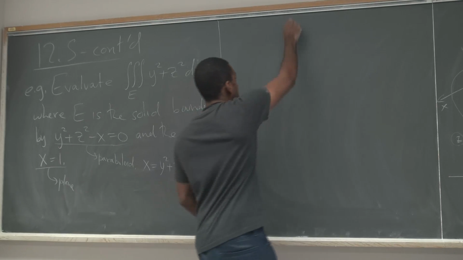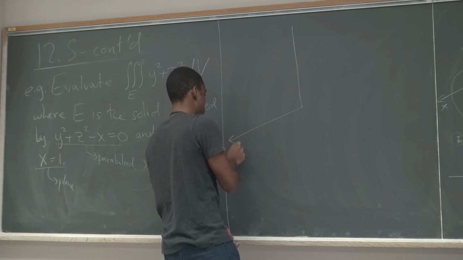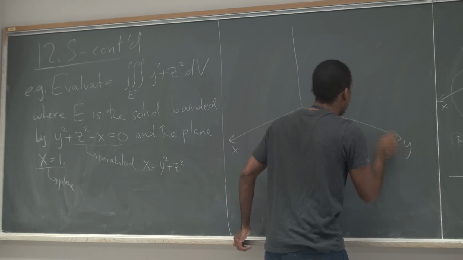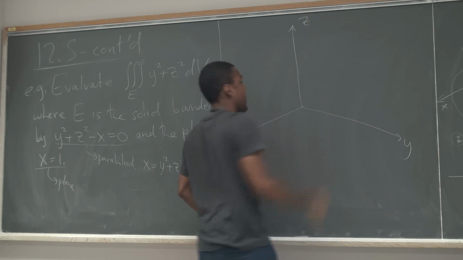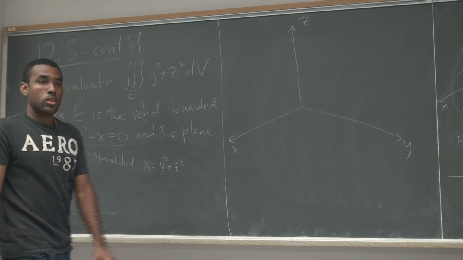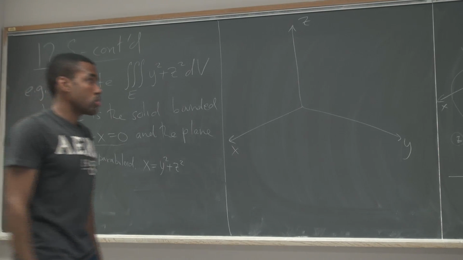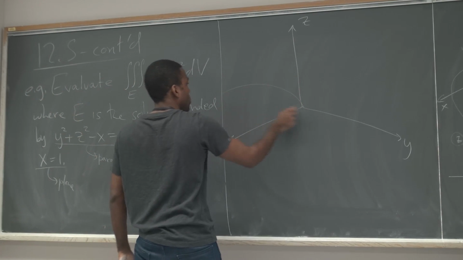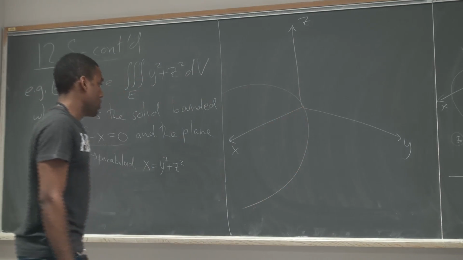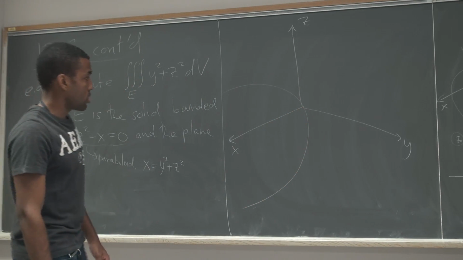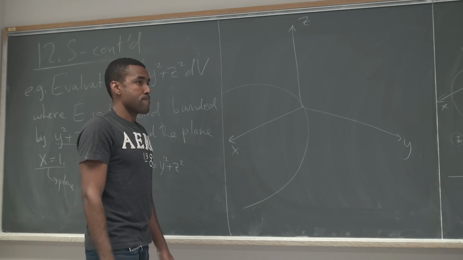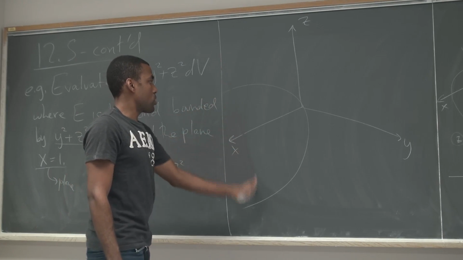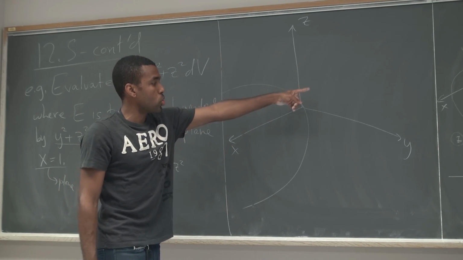Now let's see, can we draw a picture here? How does it look? Opens towards where? Positive x, so it opens this way. And then x equals 1 looks like what? Chopping it through here, the plane is going to be parallel to the YZ plane.